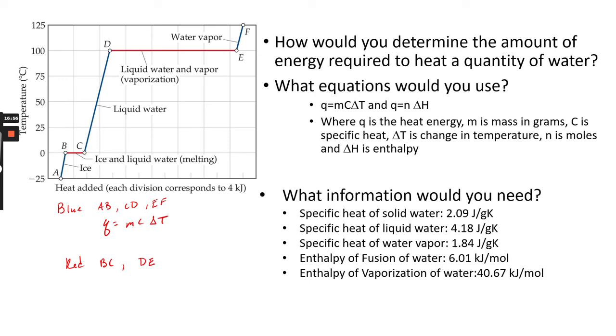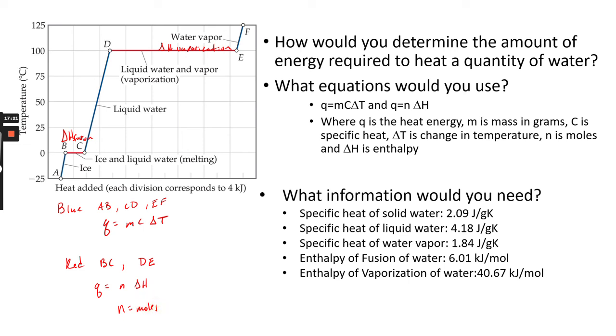All of the red lines, which would be BC and DE, the temperature is not changing. So you can't use this equation because your delta T would be 0. So you have to use Q equals n delta H, where your delta H could be delta H of fusion or your delta H of vaporization, depending on what region you're in, okay? And n is moles.